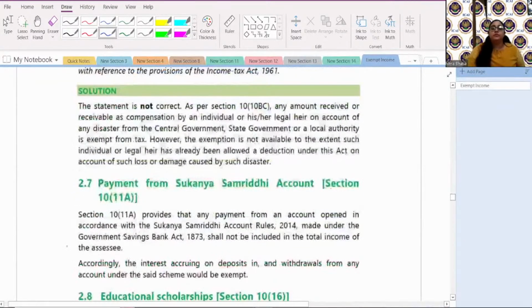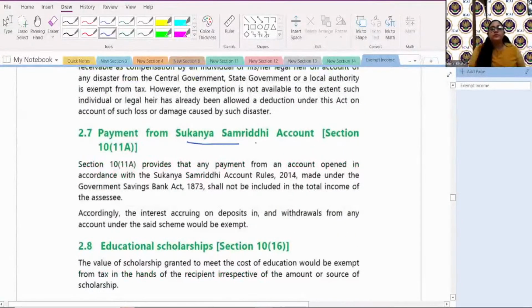Next is payment from Sukanya Samriddhi account. Now this account is very popular for past couple of years. What is this account? This account is Sukanya Samriddhi account, which is an account which is open when a girl child is born. So for 15 years, a person makes contribution into this with the minimum amount as low as 250 rupees. So you can open this account. For 15 years, you make contribution to it.